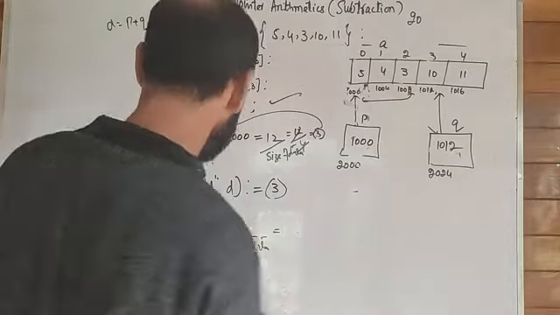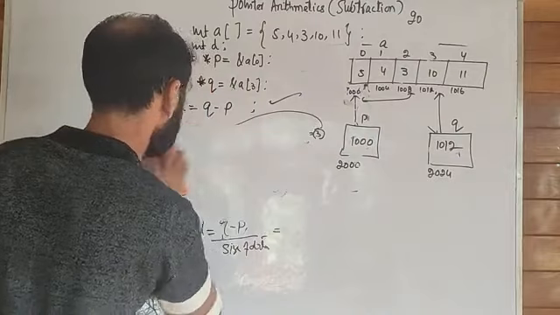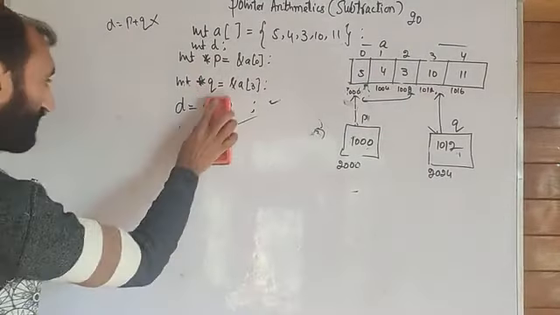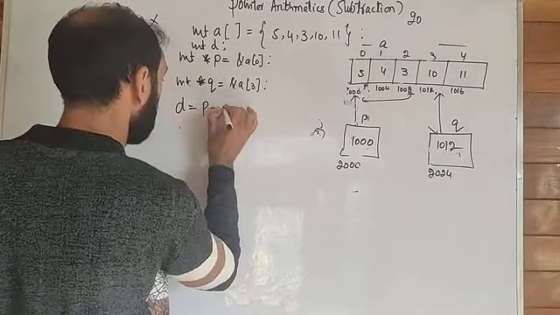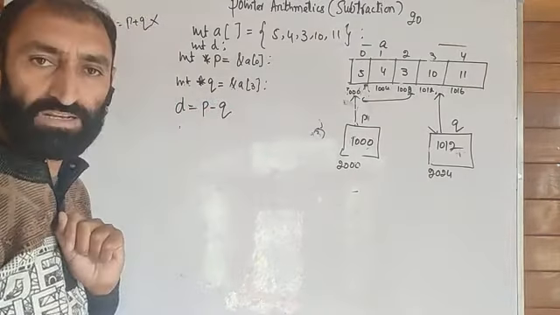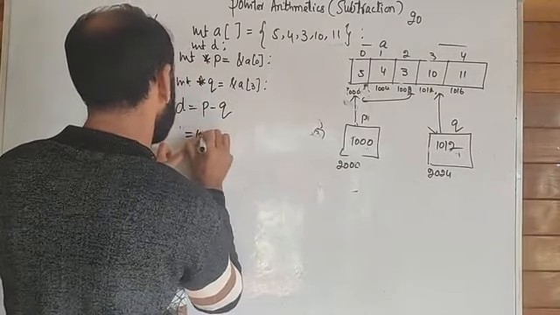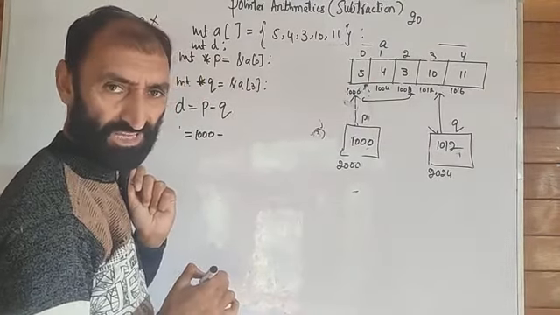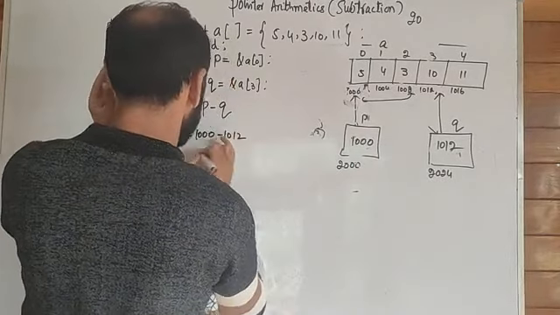D equal to P minus Q. That means p minus q, 1000 minus 1012.